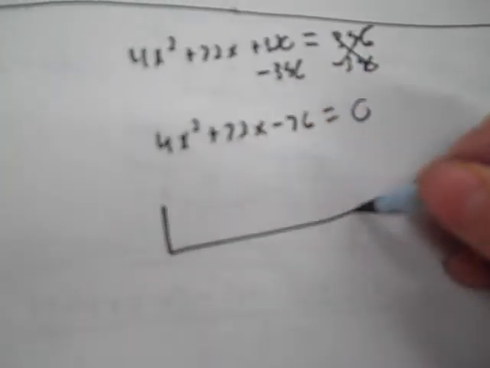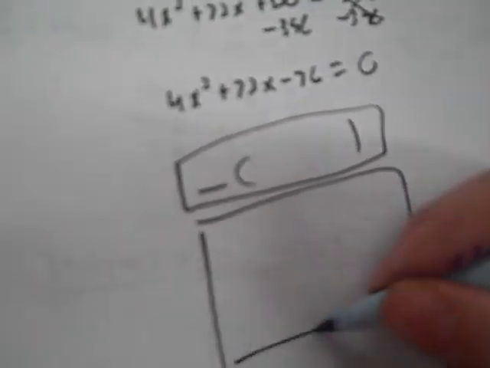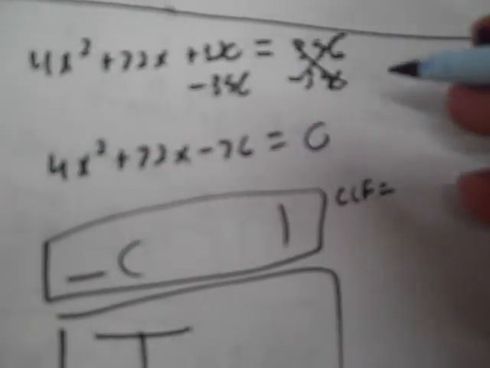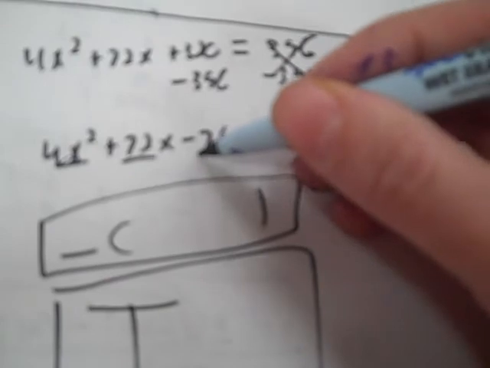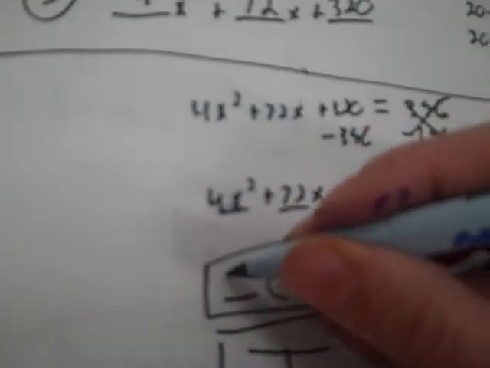Three terms, GCF and T. GCF, don't have the negative in front. Don't have x on everything. But 4, 72, 76, if you take that into the GCF calculator, it's going to say you can divide by 4.